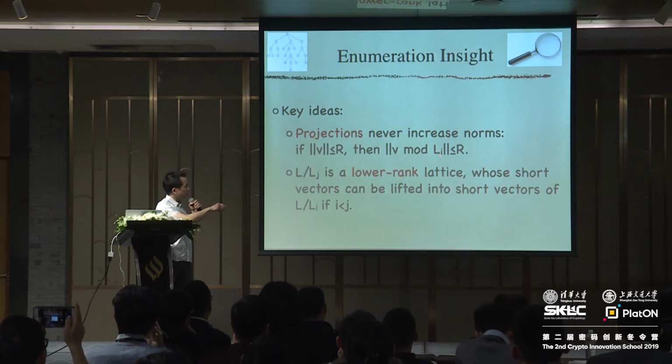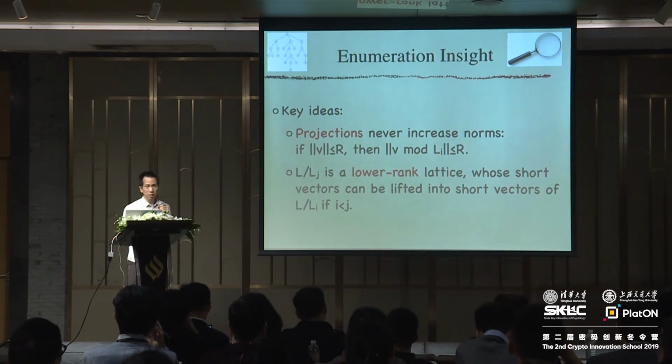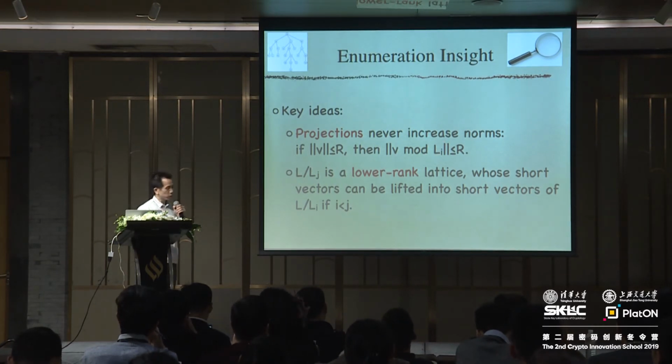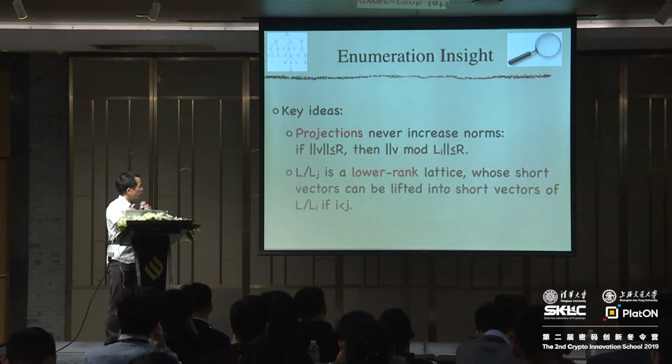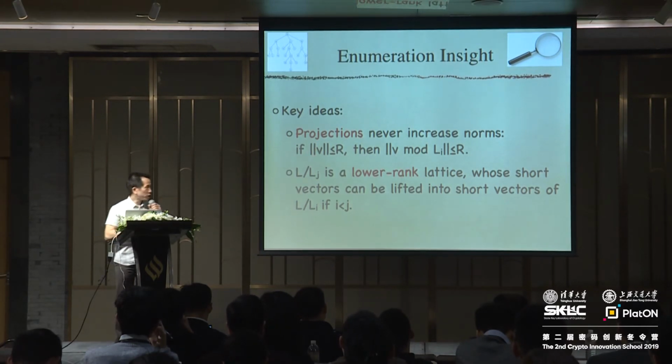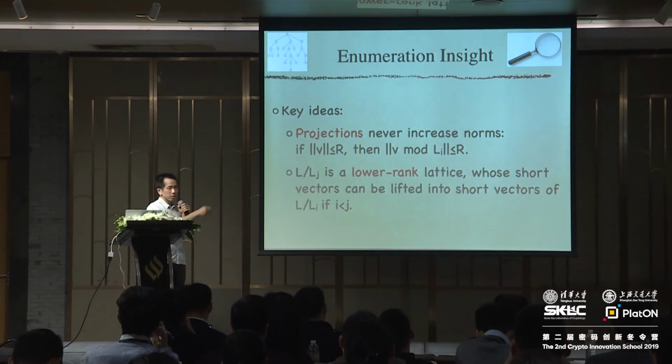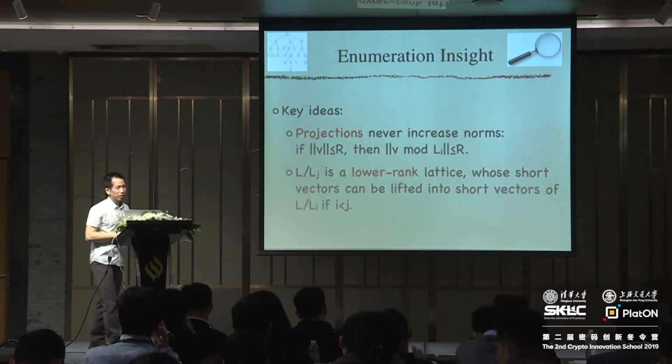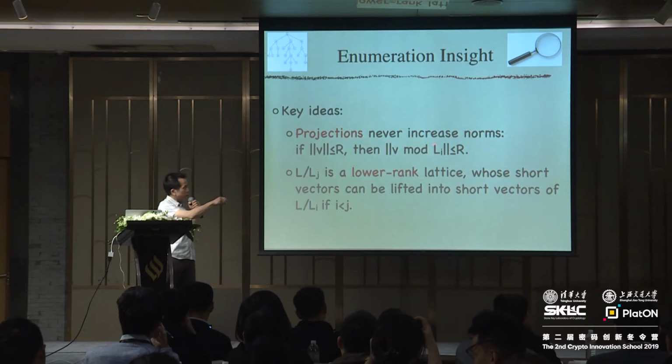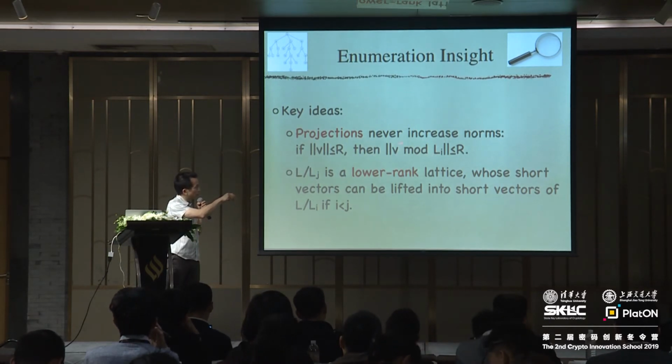So how do you do that? Well, again, remember this filtration. So I use a reduced basis. Any basis defines these sublattices. So what I'm saying now is that when you have some short vector, if you reduce it modulo this sublattice, it doesn't get bigger. The norm is still less than R. Because modulo Li, you can take 0 in the sublattice Li, so the norm must be less.